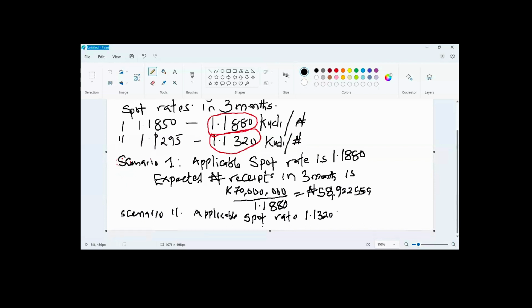Expected Naira receipts in 3 months. Please remember it's in 3 months. Again, I'm going to divide because it's indirect cost. 70 million divided by 1.1320.